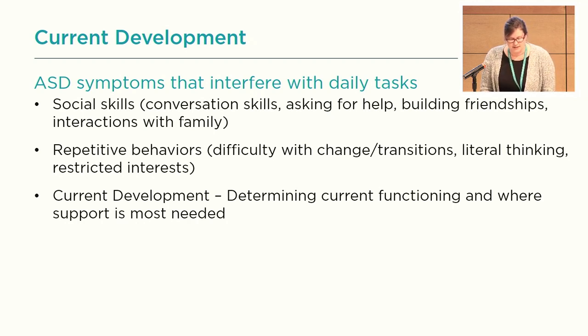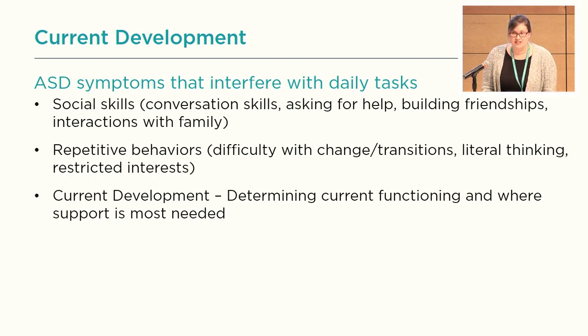And so we're going to ask a lot of questions about social skills, such as conversations, asking for help, building friendships. How are they interacting with family, friends? We're going to ask about repetitive behaviors, difficulties with change and transitions. Are they really literal thinkers, and that maybe gets in the way sometimes?